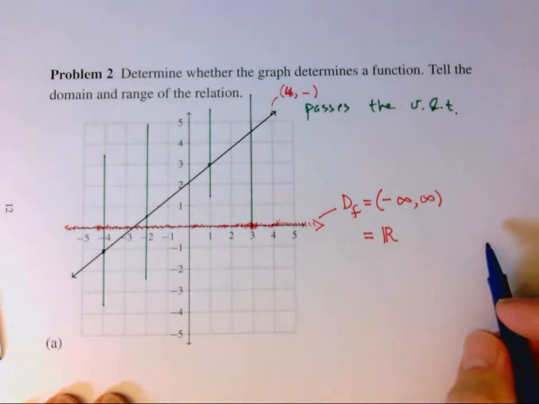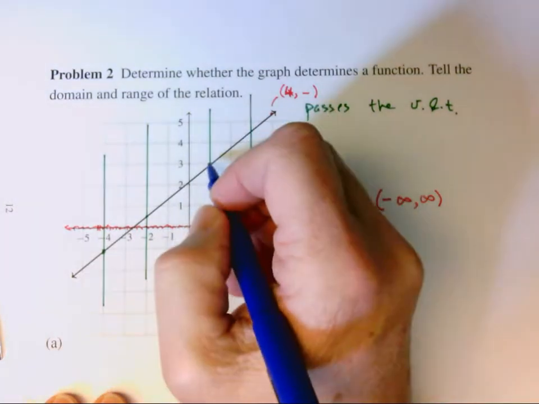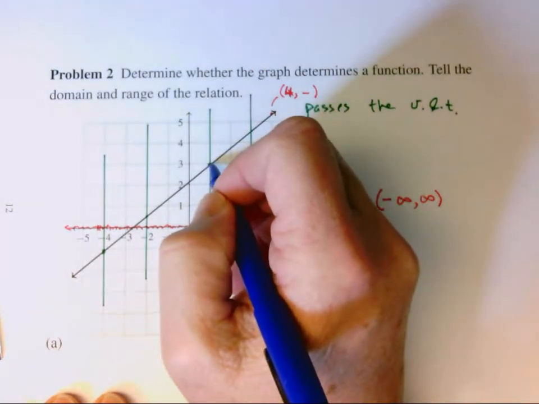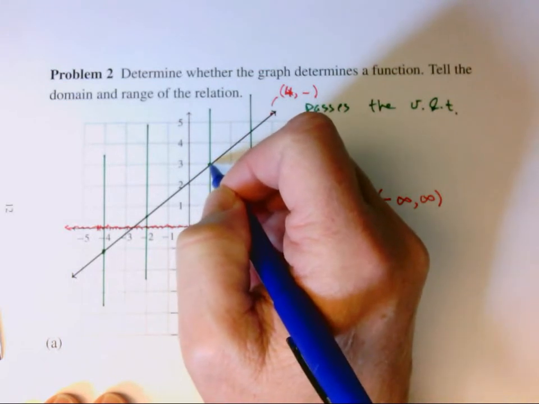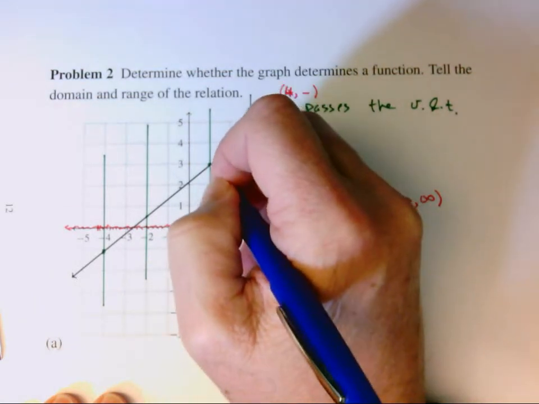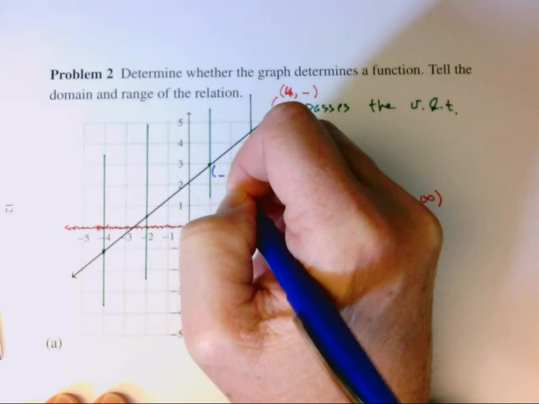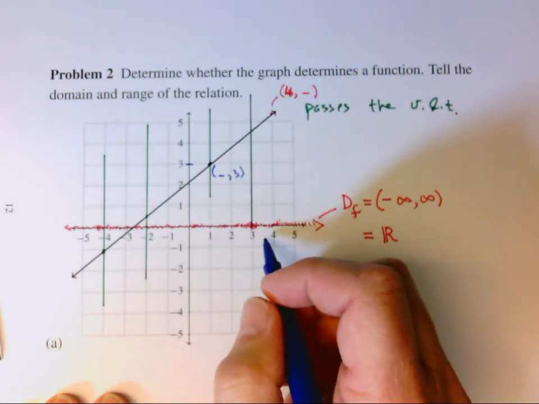Likewise, the range is the set of all y's. So if we can find a y coordinate on a point on this graph, then we found an element of the range. So here is a point that's got something, comma 3. That means that 3 is in the range.